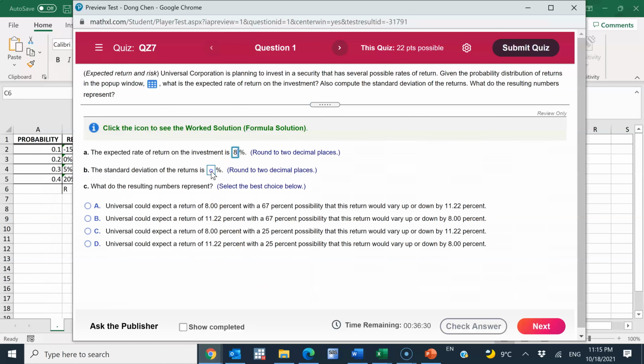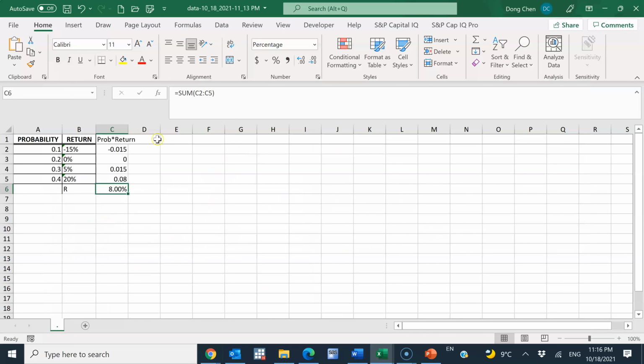And the standard deviation of the returns. We know it's actually a square root of a weighted average, but it's a weighted average of the squared deviation. So to calculate the standard deviation, we just need to calculate the weighted average of the squared deviation. To calculate the weighted average of the squared deviation, a square deviation of what?